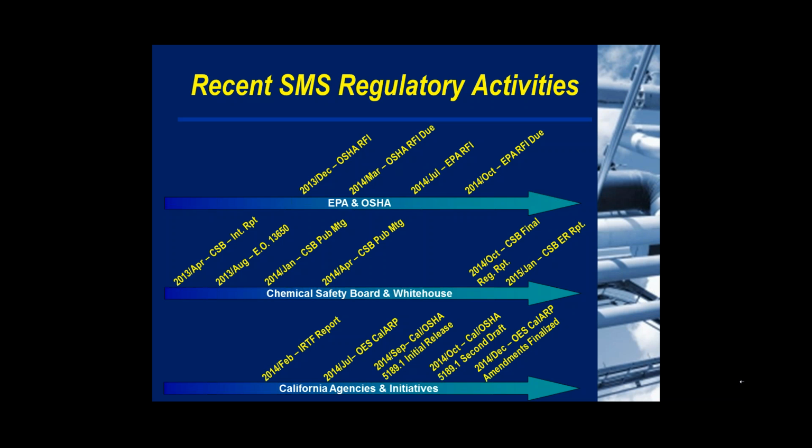So let's talk about what's been happening over the past few years. Things have changed a bit. There was a fire at the Richmond refinery on August 6th, 2012. When they started looking at the root causes, many of them focused on mechanical integrity and process hazard analysis, and it made people want to take a fresh look at these elements as well as others.